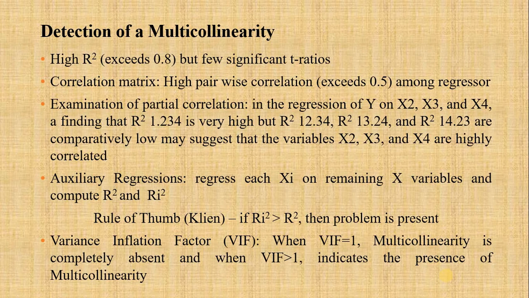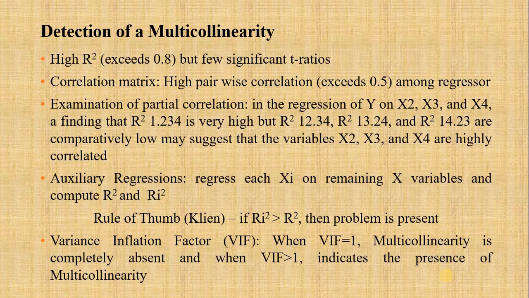So what you have to do first is run a regression with y as the dependent variable and x2, x3, x4 as independent variables, then find the R square. Second, regress y on x2. Third, regress y on x3.